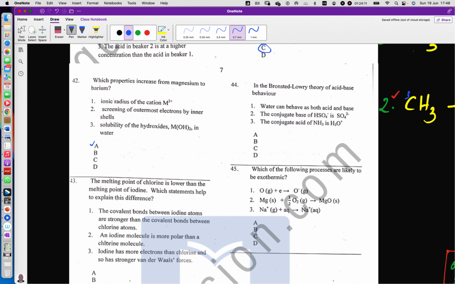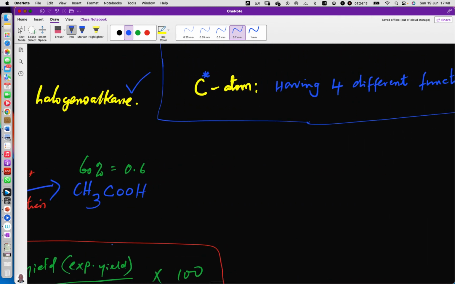For instance, water is acting as an acid. If water donates a proton, because acids are proton donors, the conjugate base is the substance that is left after the acid has donated its proton.